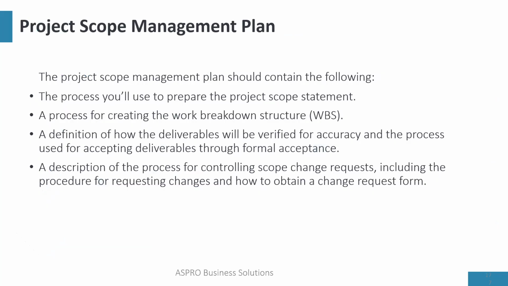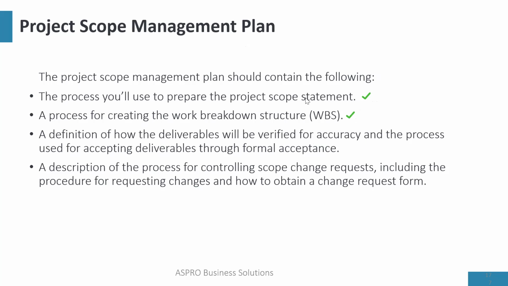So what should a scope management plan do? When I share the document, just ensure you can tick this off. When you read the scope management plan template, check whether it actually tells you how the scope statement will be created, and the process for creating the work breakdown structure.